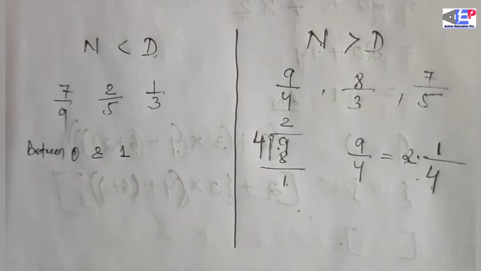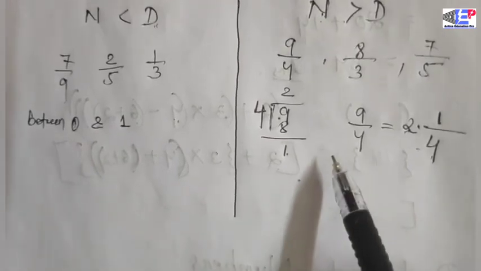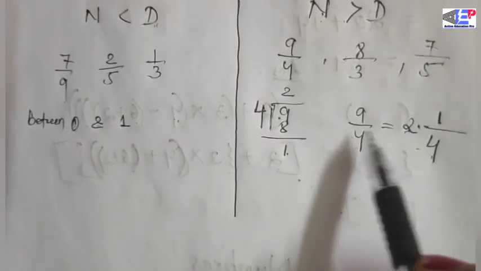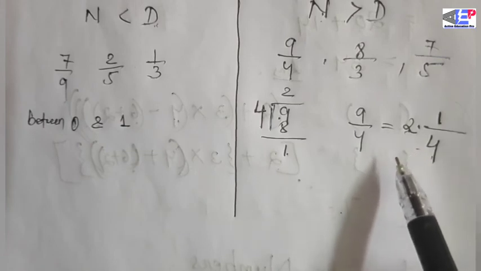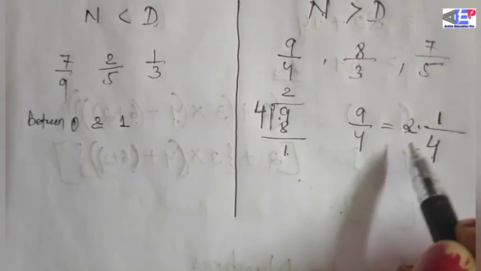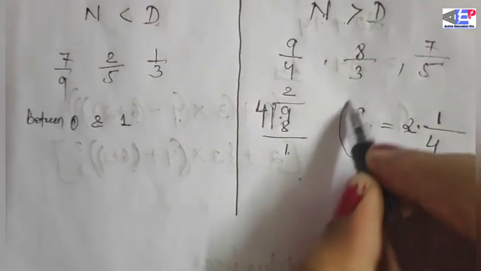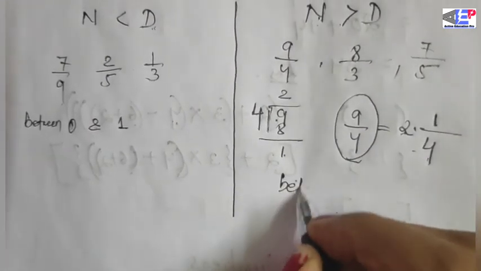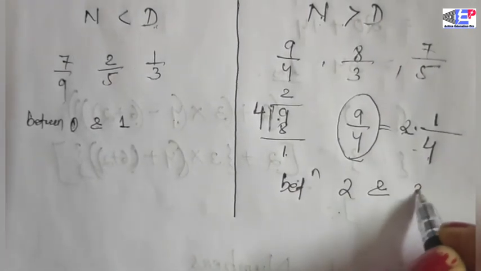But in the second type, when the numerator is greater than the denominator, these are mixed fractions. The rational numbers are present between its whole number and its next number, means this number is present between 2 and 3.